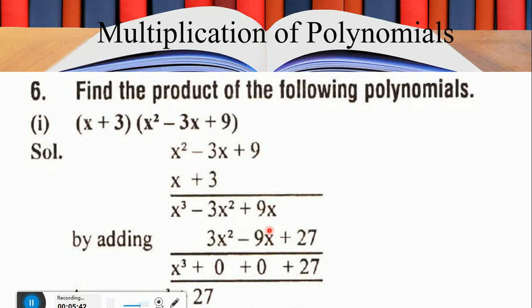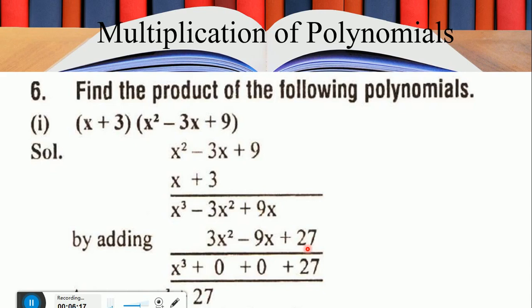We will write the like terms in one column. So plus 9x, we will write the minus 9x exactly below the x term. Now multiply 3 with 9. 9 threes are 27. In this line there is no constant term, so write the constant separately like this.